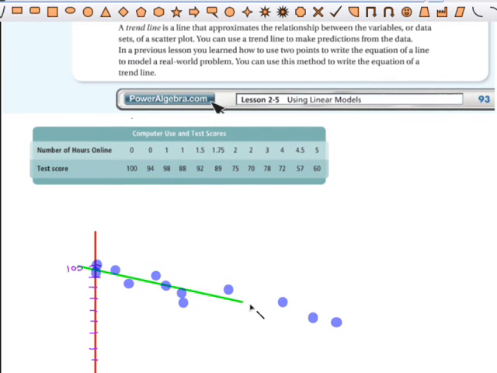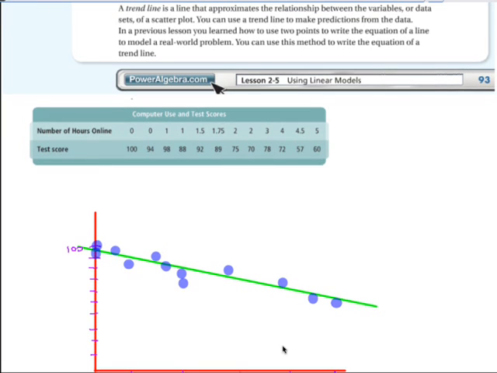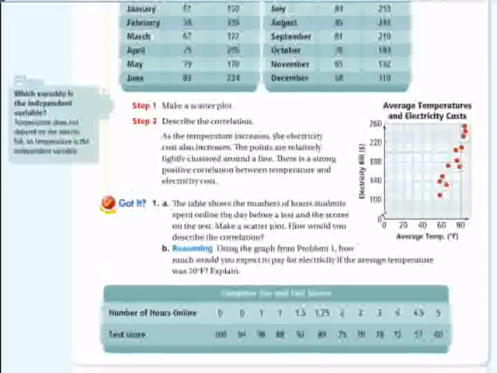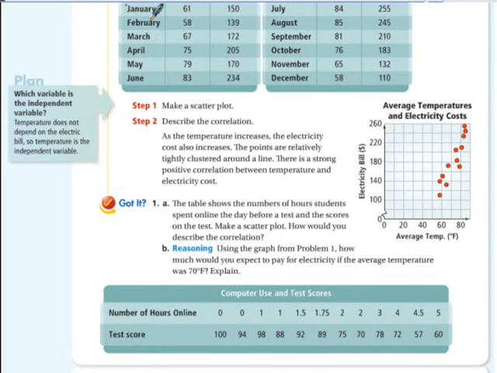If we were to draw a line here that went sort of through the points, I'd say the points are pretty tightly around it. So I think we could say on this one we have a pretty strong correlation, and it's going down. The slope is negative, so this is a strong negative, okay? Strong negative correlation.